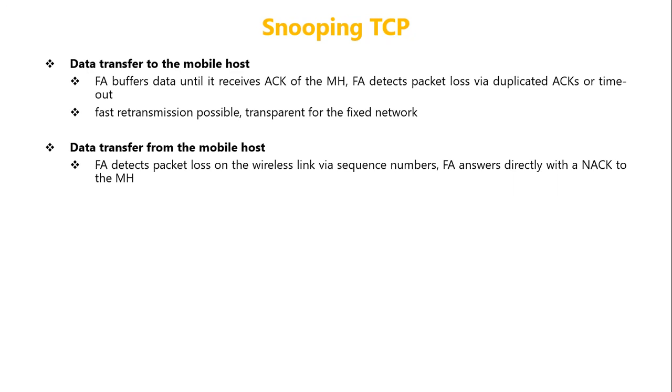Data transfer to the mobile node: the foreign agent buffers all data that were transmitted from the correspondent node to the mobile node until it receives the acknowledgement of the mobile host or the mobile node.